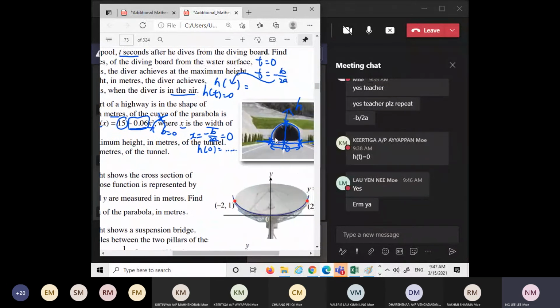Okay, now for part B, I want to find the width, means this length. If I can find this coordinate and this coordinate, then I can find the length, which is the width of the tunnel. So how to find these two coordinates? I have to let what equal to what.